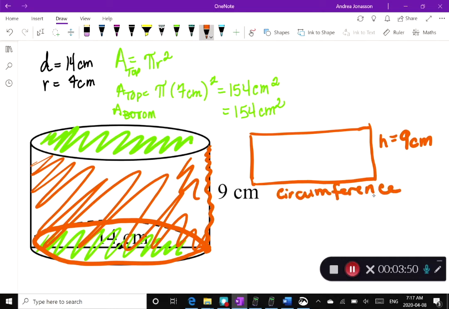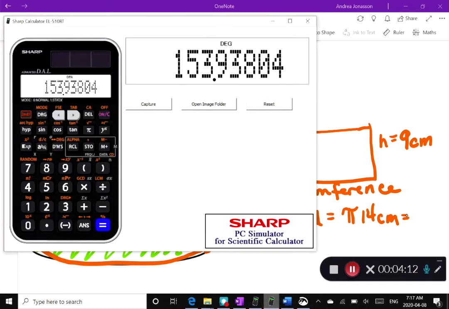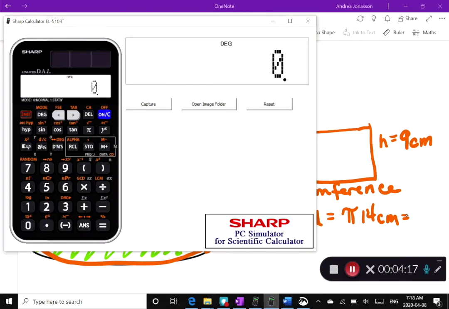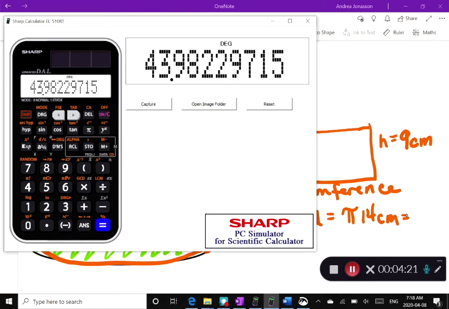of the circle, which happens to be pi d, which is pi times 14 centimeters, which is 43.9.